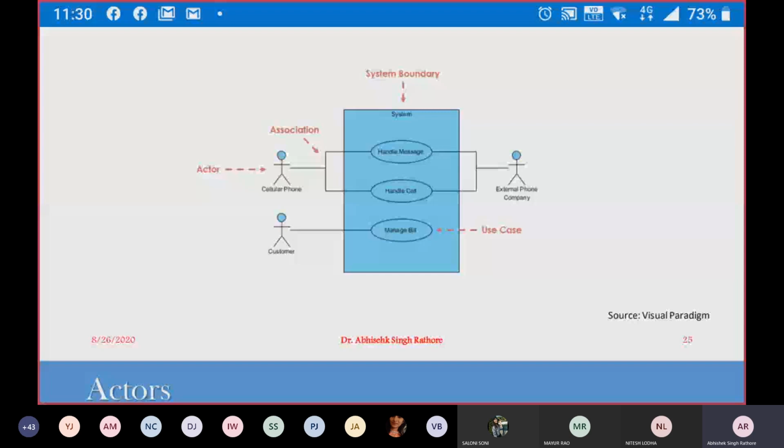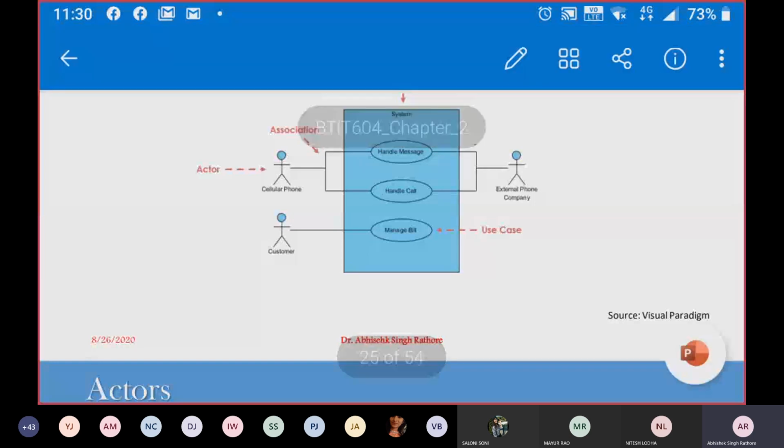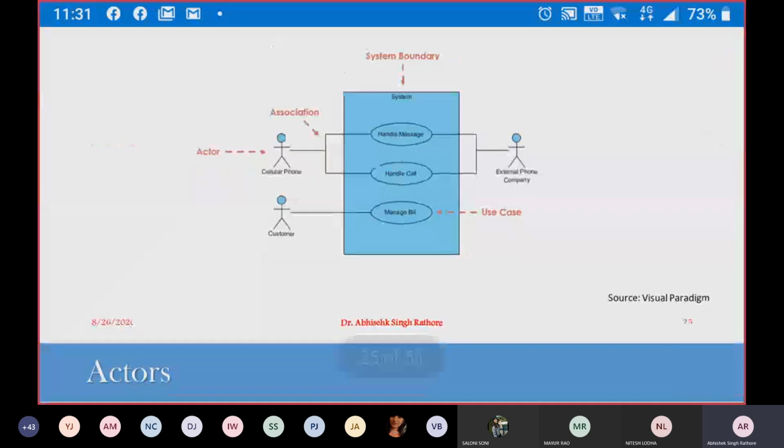When we say bill, this is not a use case, or message is not a use case. Instead, we have to use a verb plus noun phrase. So this is handle message, or handle call, or manage bill. You have to use a noun phrase or verb plus noun phrase to get the correct nomenclature for your use cases.